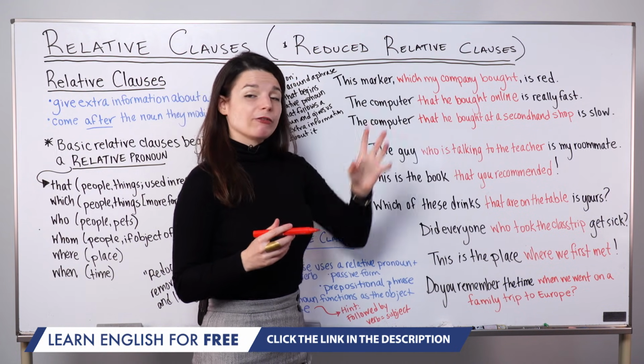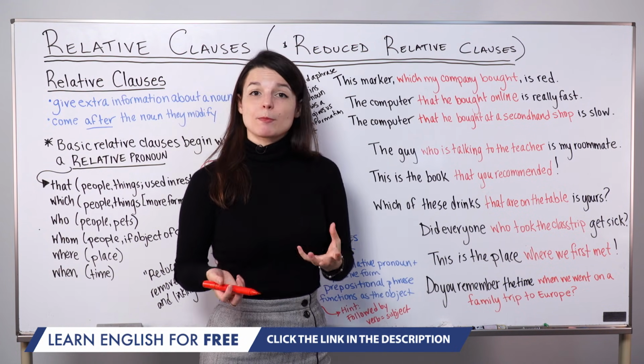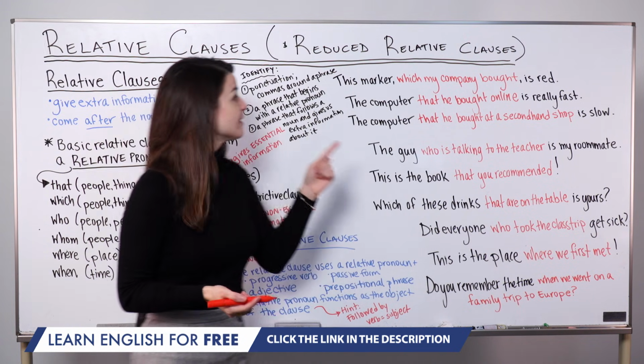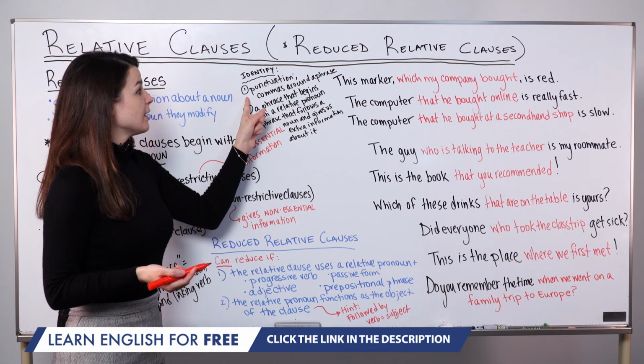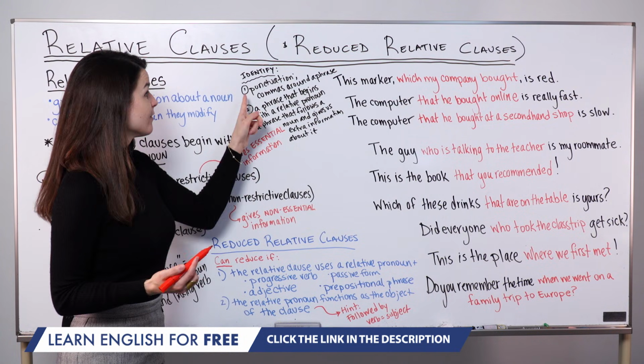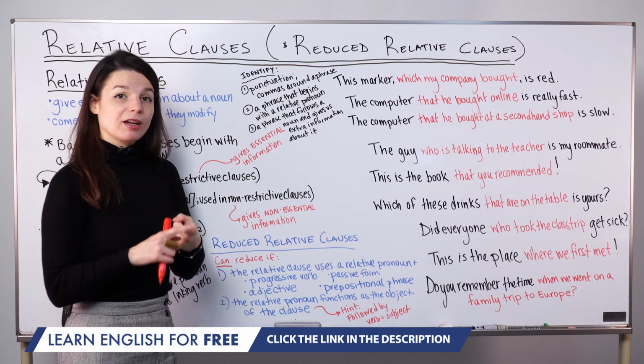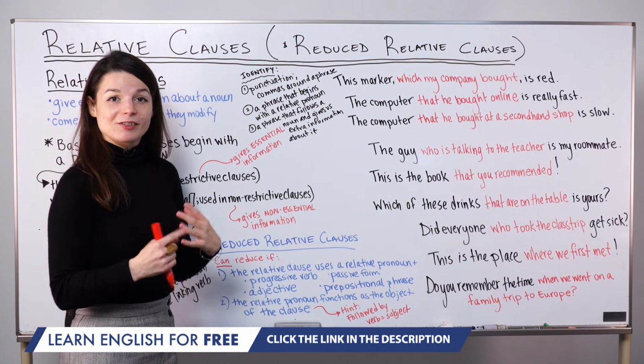There are a few different hints you can remember to help you identify relative clauses. I've listed them here. The first tip to identify a relative clause is punctuation. Remember, punctuation means a period, comma, question mark, and so on.